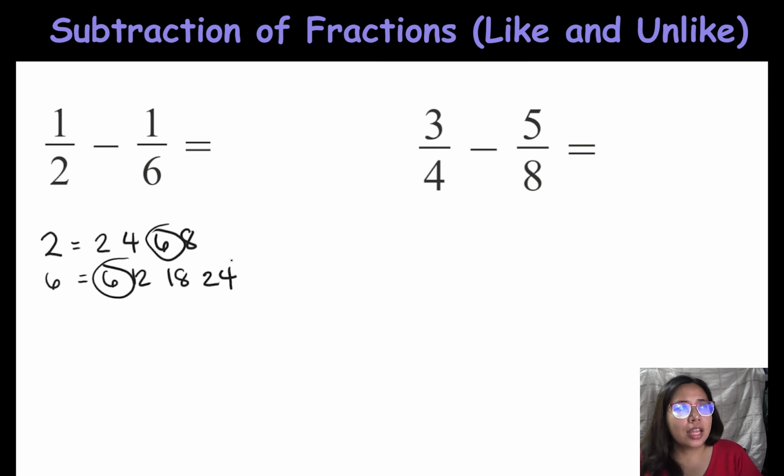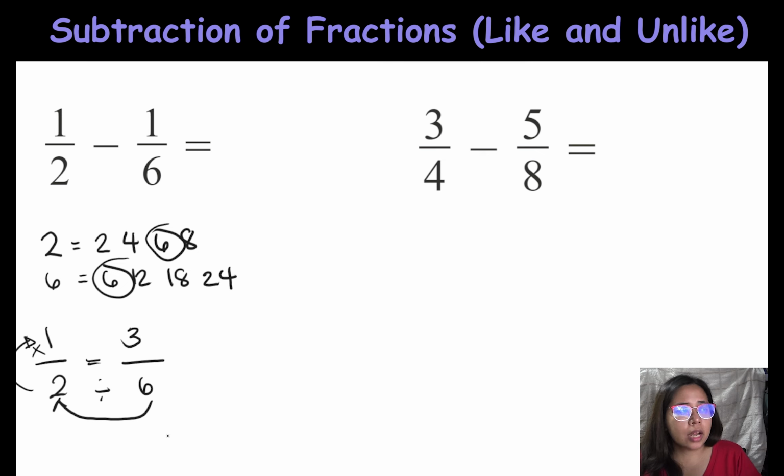Okay. And, para makuha natin or ma-convert natin sila to like fractions, we will divide. So, we are going to divide this 6 to 2. So, 6 divided by 2 is 3. And then 3 times 1 is 3.